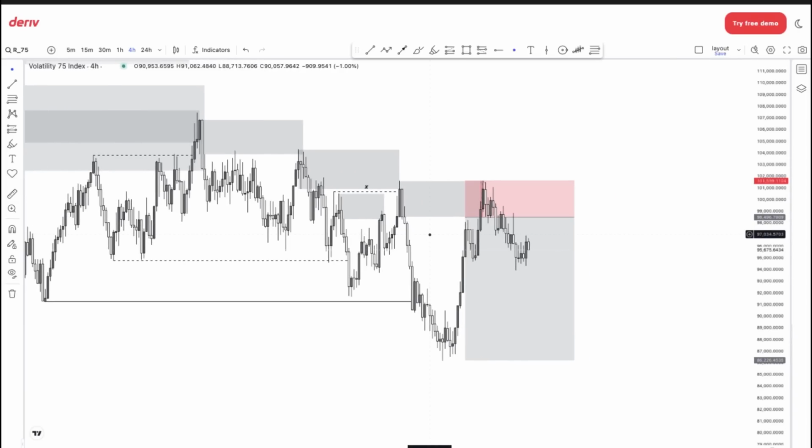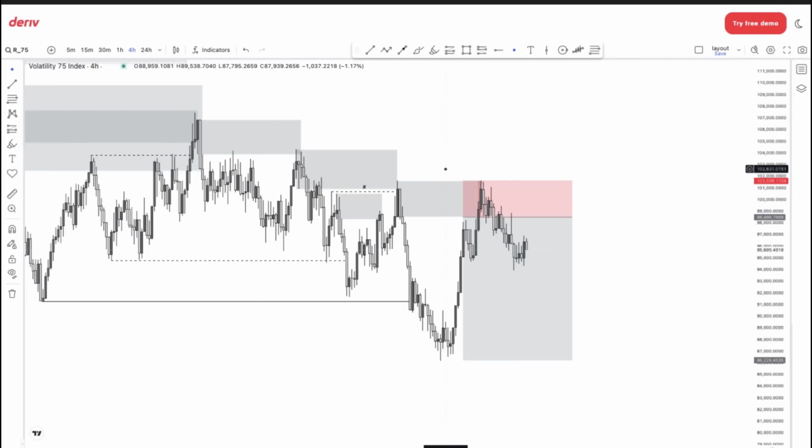Now let's try and repeat the same process based on the 4-hour time frame structure and the 30-minute time frame or the 15-minute time frame structure, right? So do not forget that whenever price starts tapping into a higher time frame order block, we want to start seeing price on the lower time frames creating some signals that it wants to be bearish.